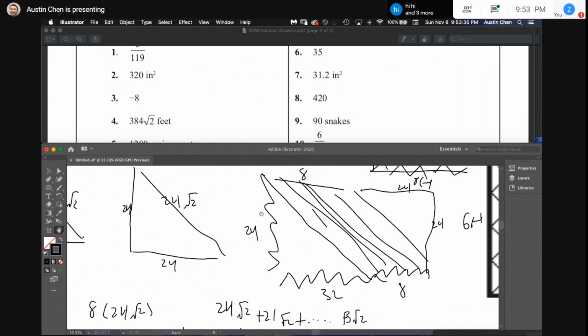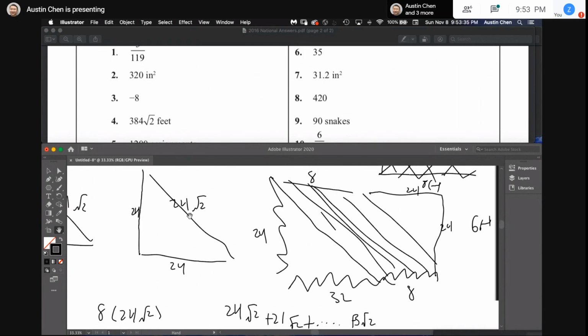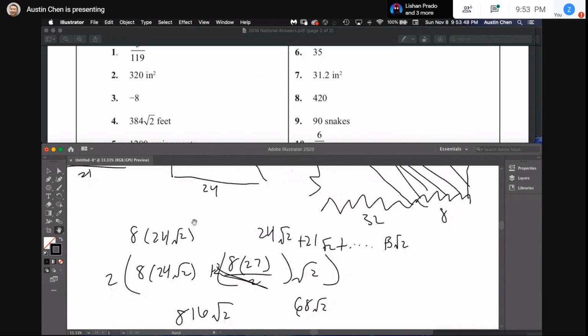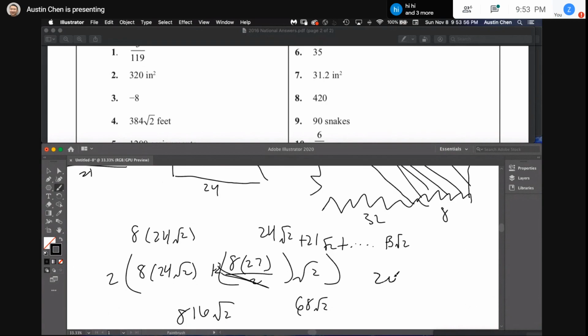So like all of these lengths should be tripled, I think. So then my final answer should be triple, then I get 204 times root 2.